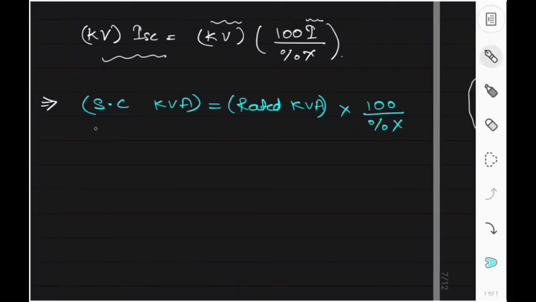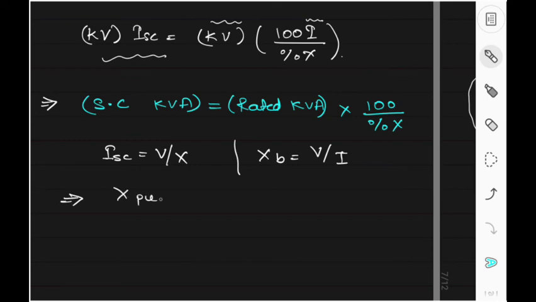Now we got short circuit kVA, right? Now what is the short circuit current? That is V by X. Now what is the X base value? That is rated voltage divided by current. Now what is X per unit?